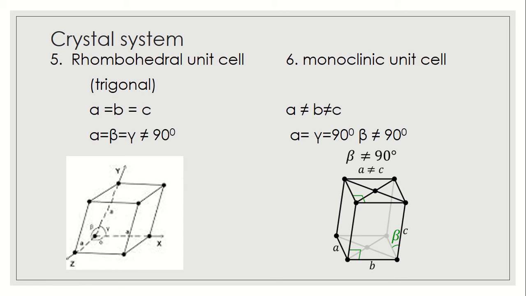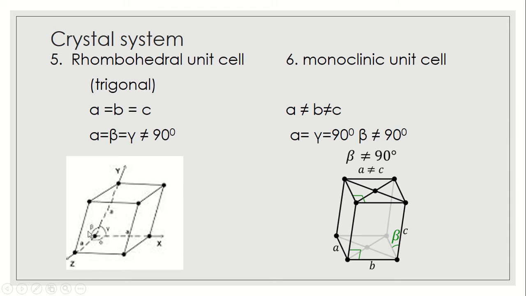Coming to the fifth type of crystal system, which is the rhombohedral unit cell, also called the trigonal unit cell. Here all A, B and C are equal. Even alpha, beta, gamma are also equal. It is very much similar to the cubic unit cell, but here the angle is not equal to 90 degrees.